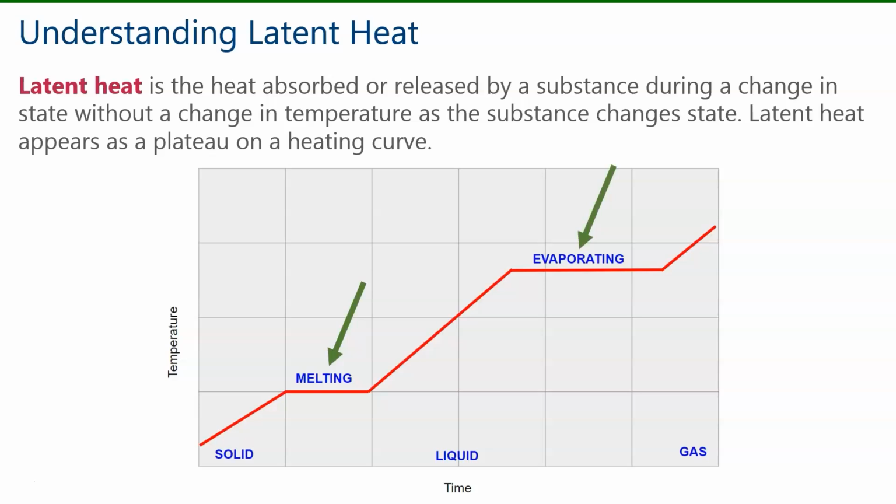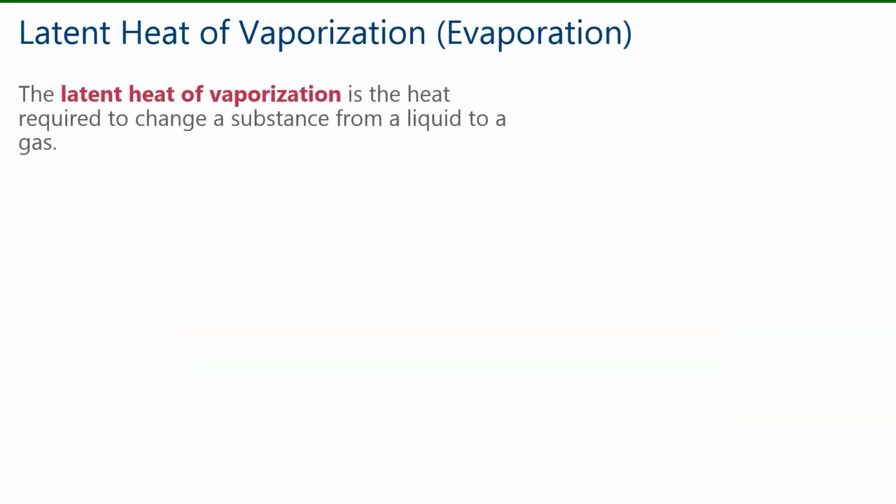This is latent heat. In this area of the graph, a change in state is occurring without a change in temperature. If you notice on the graph, the y-axis is temperature, so the plateau indicates that the temperature is not changing at these points.